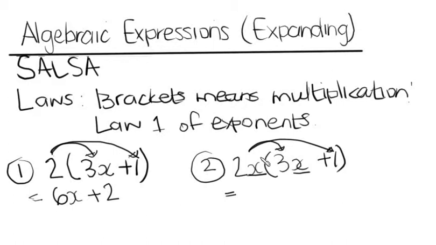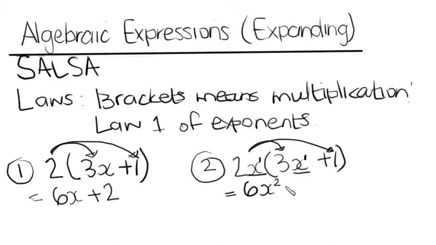If I do not see any exponent, remember there is an invisible 1. Firstly we're multiplying the coefficients together. So 2 times 3 gives me 6 again. x times x gives me x to the power of 2, because I added those exponents with one another.